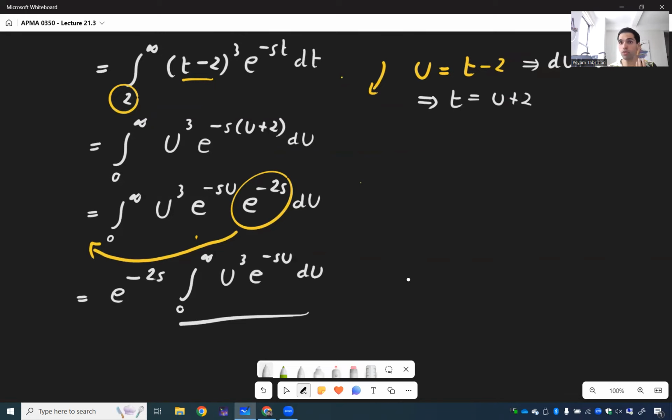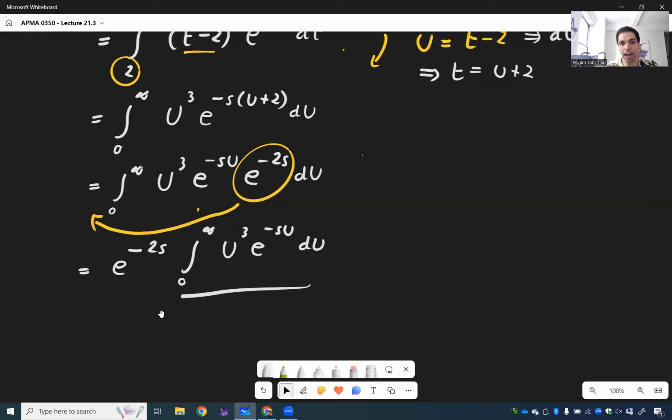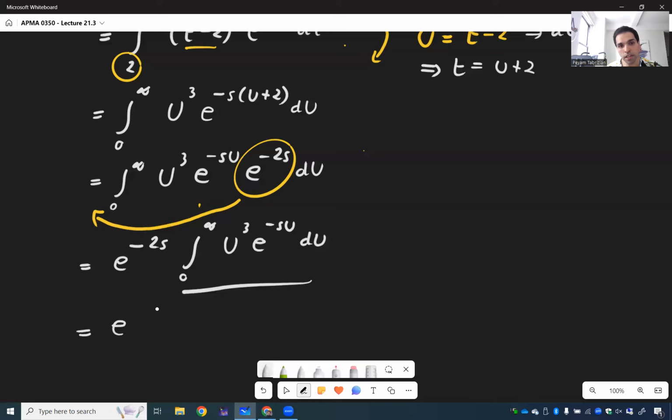The fact that we're using u or t is irrelevant here. So in fact, this becomes e to the minus 2s and the Laplace transform of t cubed. And yes, the Laplace transform of t cubed, because it's the Laplace transform of the cubic function. If that confuses you, just use another u sub, u equals t, and then write the integral in terms of t.